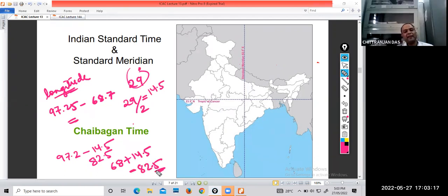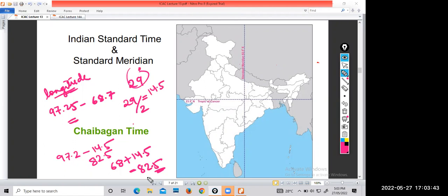So that means the 82.5 line is representing the mid value of the total longitudinal extent of India. Therefore 82.5 has been taken as the standard meridian of India. Is it clear to everyone, yes or no?